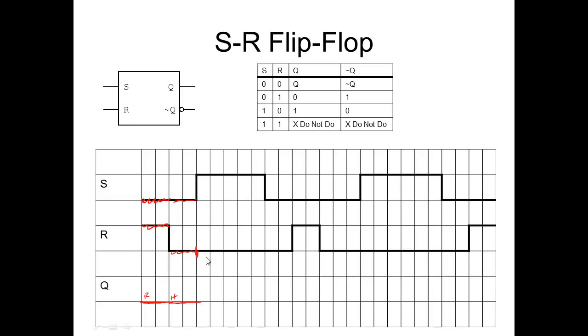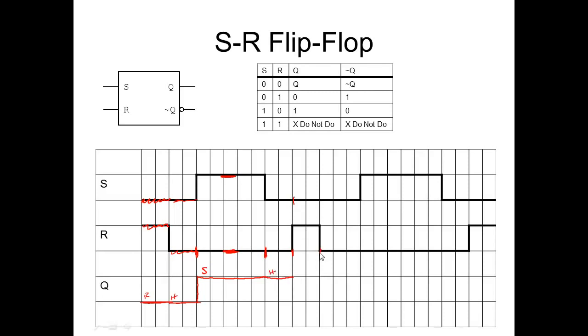From here to here, we've got a high on set, low on reset. So a high on set, low on reset is a high on Q. So we're going to go high right here, and it's going to stay high all the way over to there. So that's a set. From there to there, we've got two lows, so that's going to be a hold.